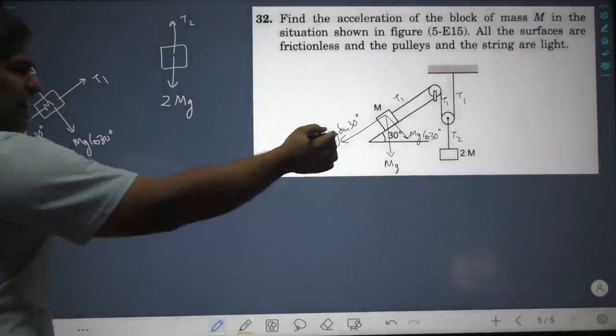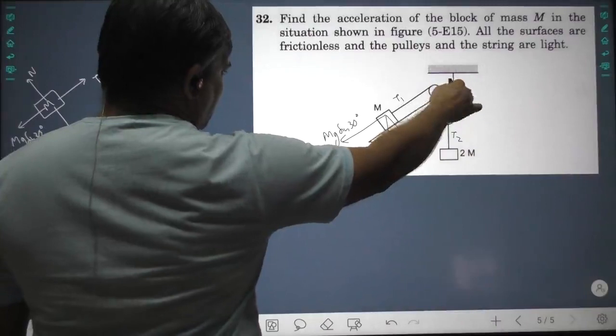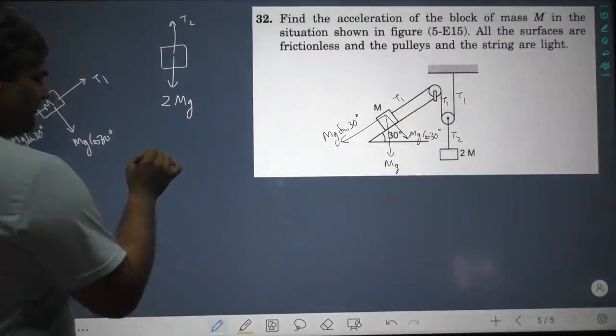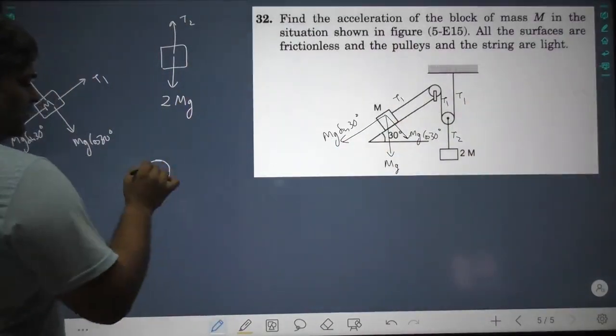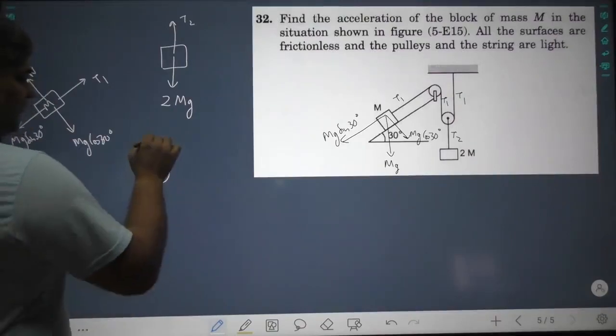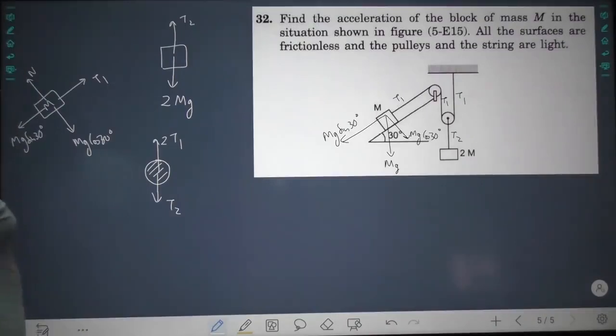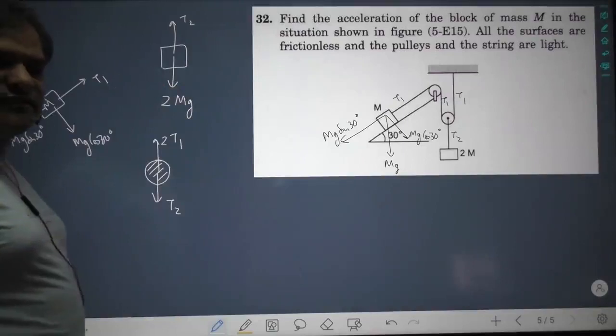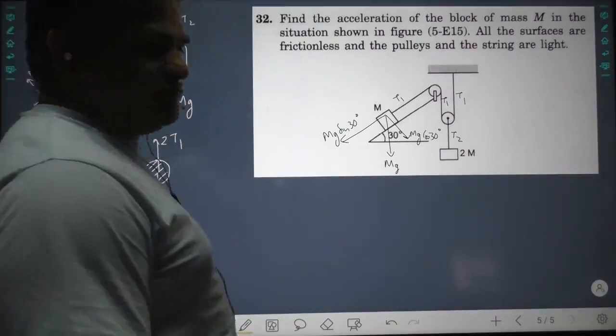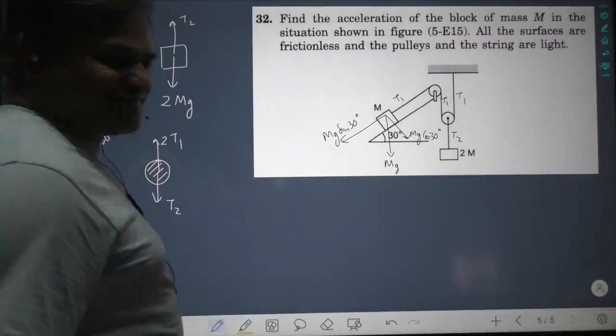And for this pulley, a very special pulley connecting different forces, on this pulley we have 2T1 and T2. How many of you got all the three force diagrams? Say yes. Very good. You are learning. I am a good teacher.